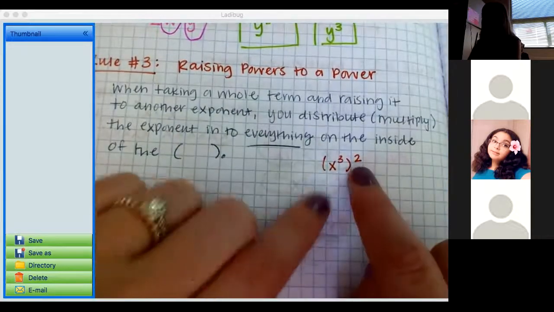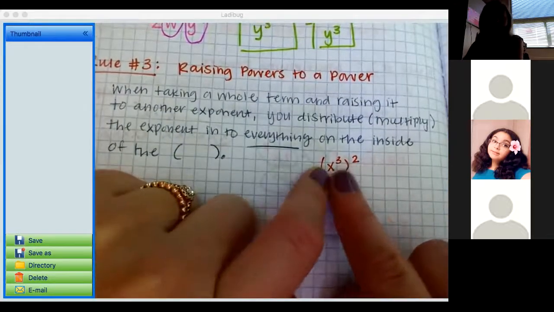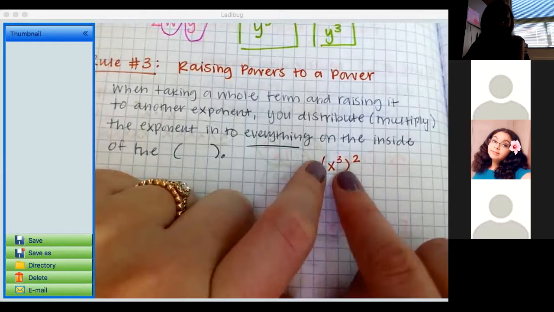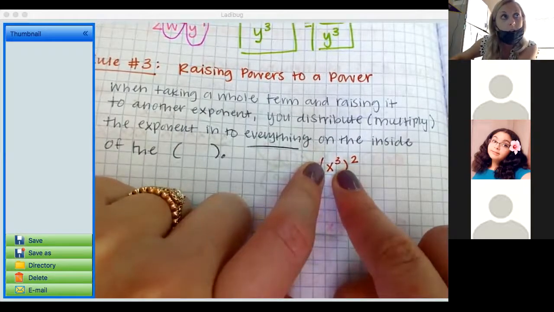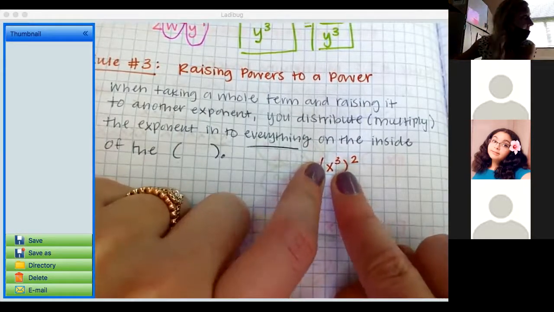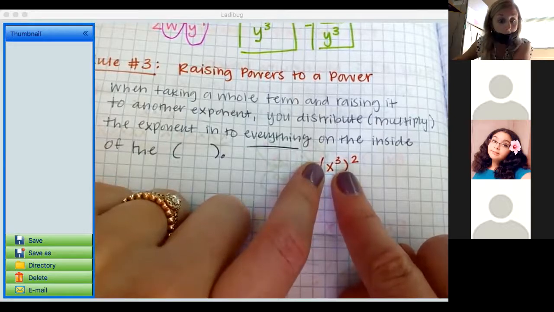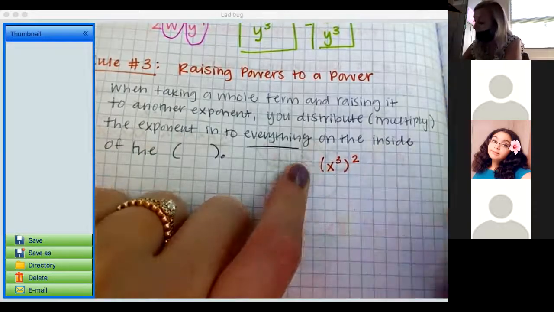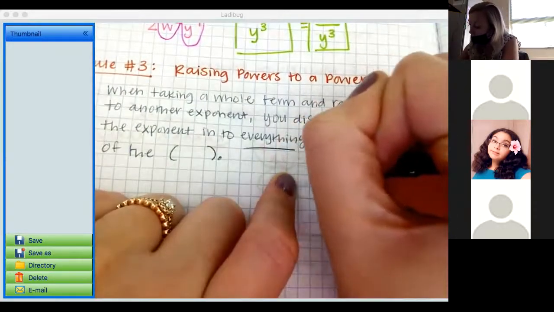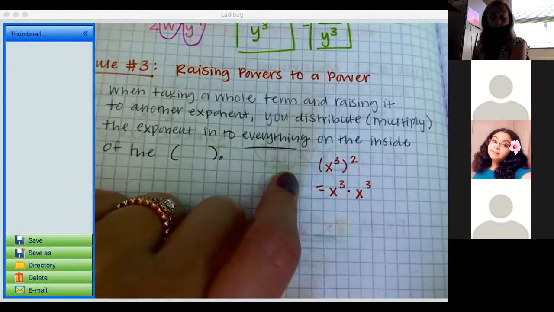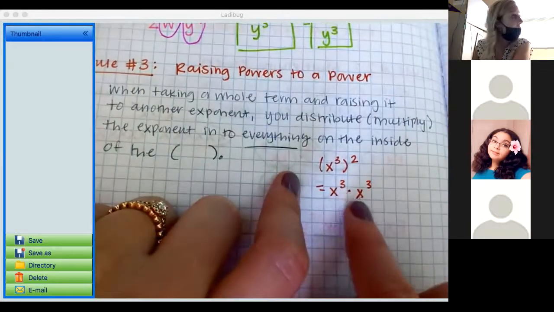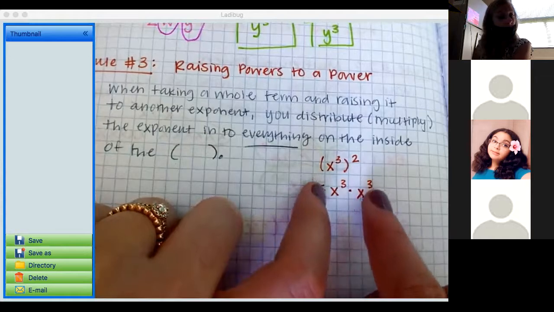Okay, if I square this, if I am squaring what is inside, what does that mean I am doing? Multiplying it by itself twice, right? So what this means is x cubed times x cubed. Well, we just learned that when you are multiplying, what do you do with your exponents?